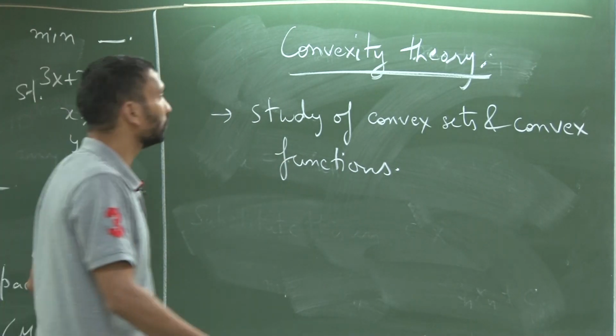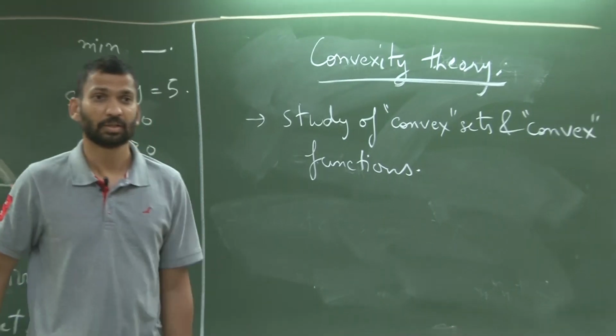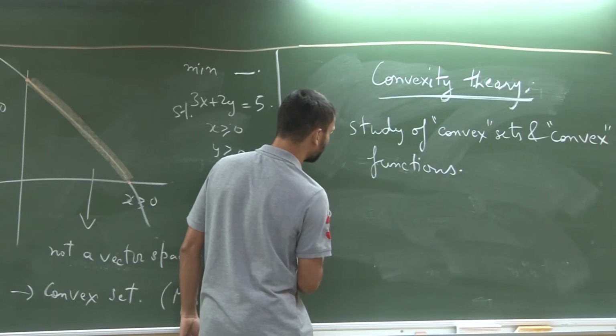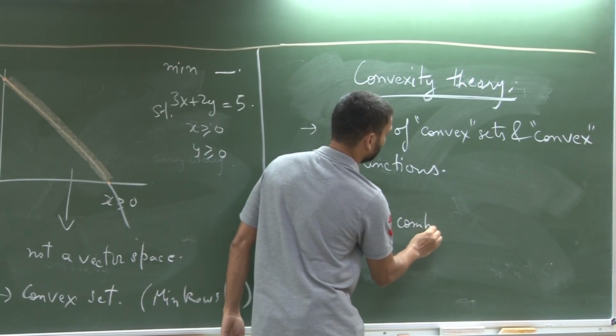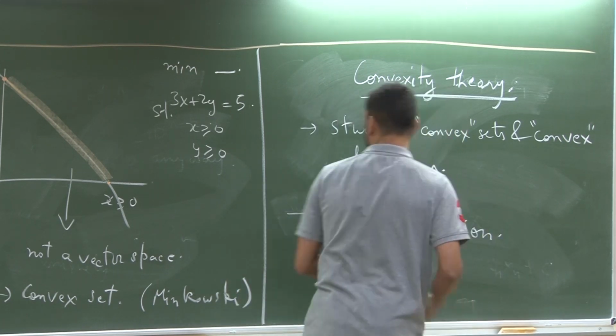And if you read this, what you realize is the most important thing is this word convex, right? And the first thing we will start with is convex combination.